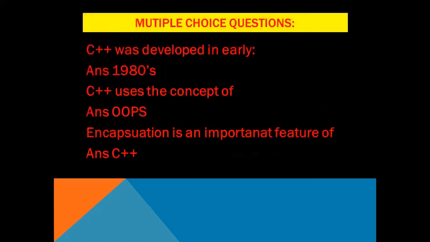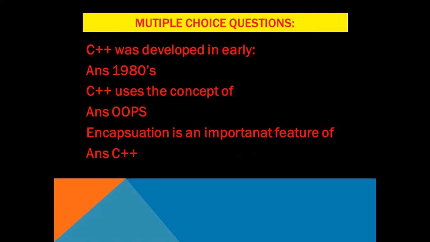Moving further, now we have MCQs, multiple choice questions. C++ was developed in early which year? 1980s. C++ was developed in the early 1980s. C++ uses the concept of OOPS, that is object-oriented programming structure.